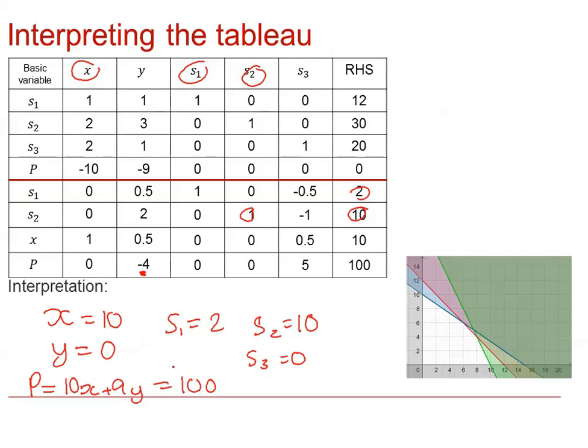Now this stage of the algorithm represents the solution at this point on the graph. So at this point of the graph, we know it has a coordinate of 10, 0. So the algorithm has moved from the origin to this vertex. But it is not the optimal vertex, so now it's going to improve its solution by doing another iteration.